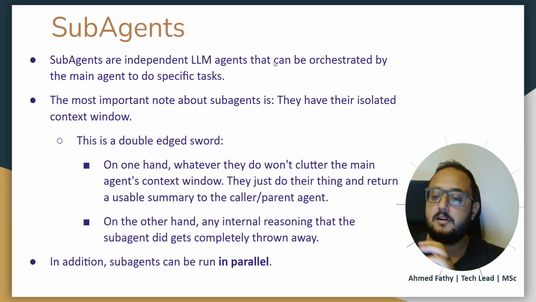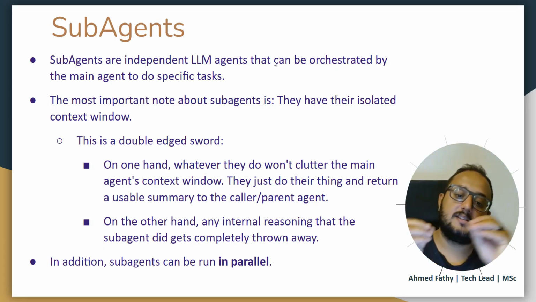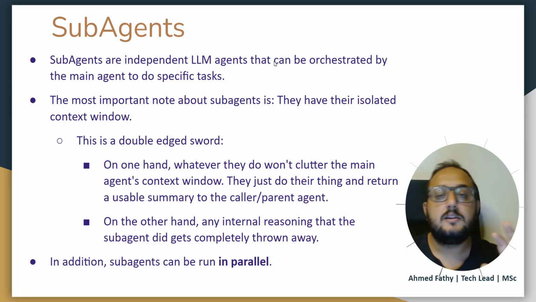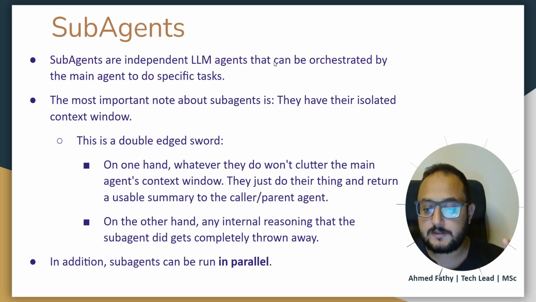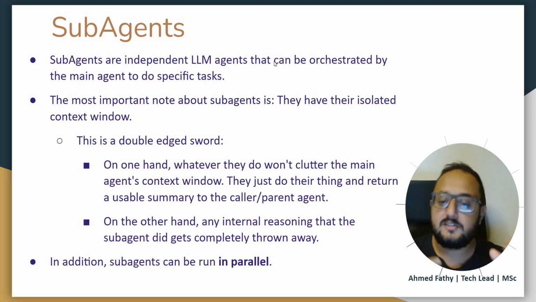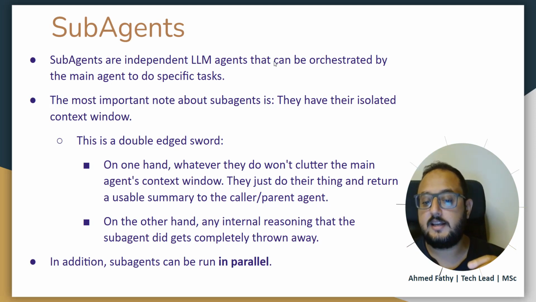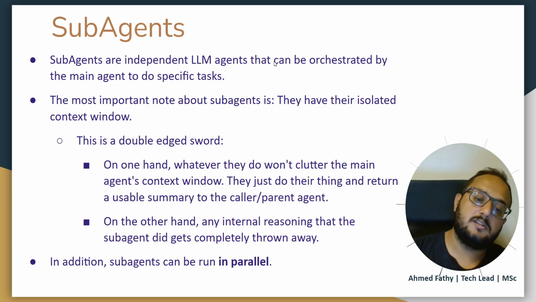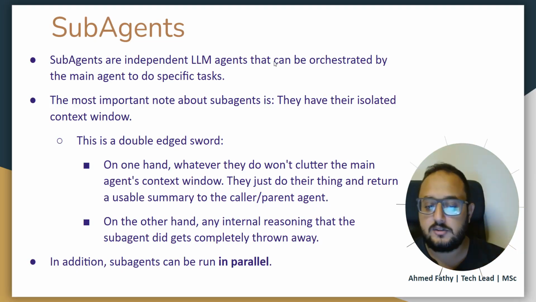So they just do their thing and return a usable summary or a usable result to the caller/parent agent. On the other hand, any internal reasoning that the sub-agent did just gets completely thrown away in the main session. So this is why this is a double-edged sword.